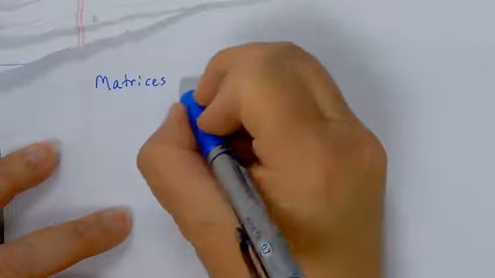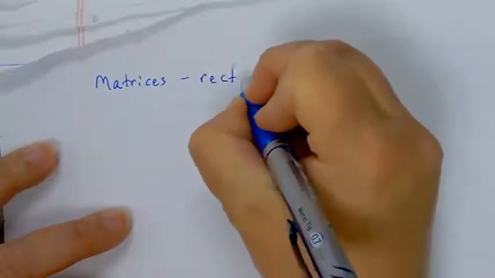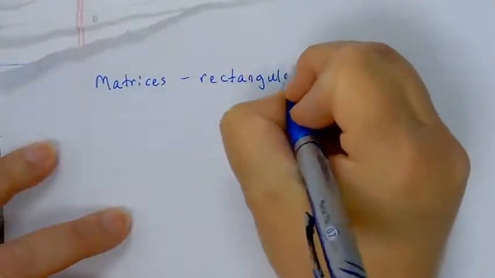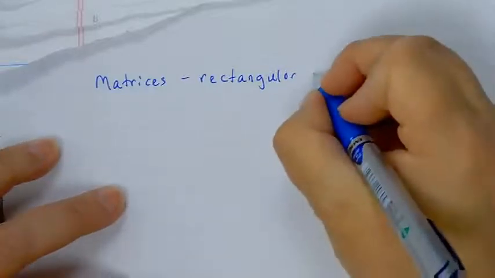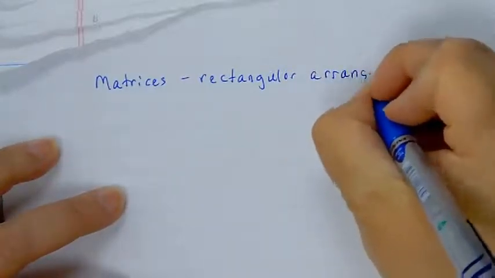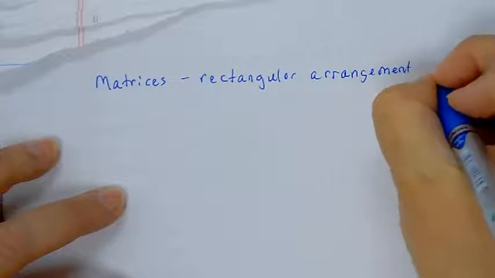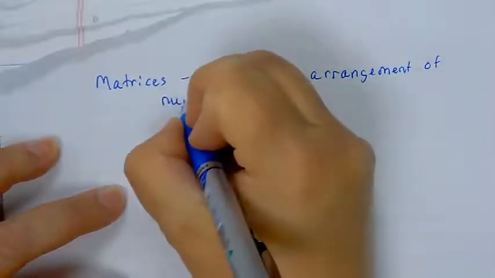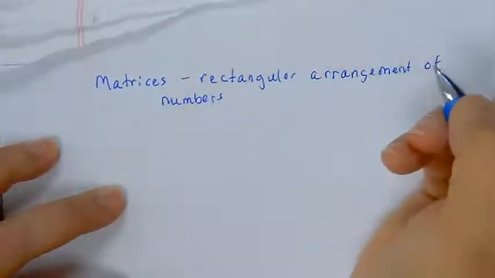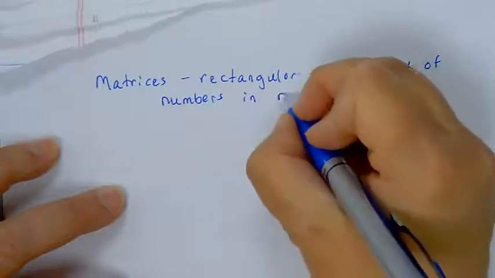Matrices. A matrix is a rectangular arrangement of numbers in rows and columns.